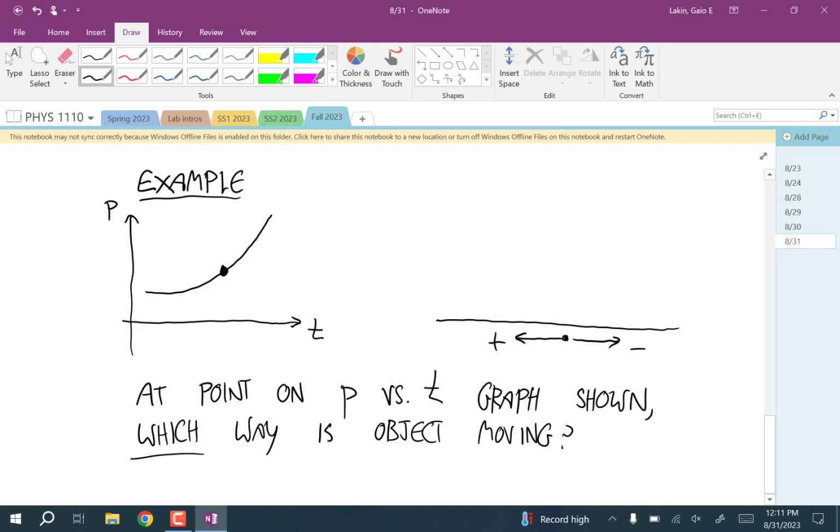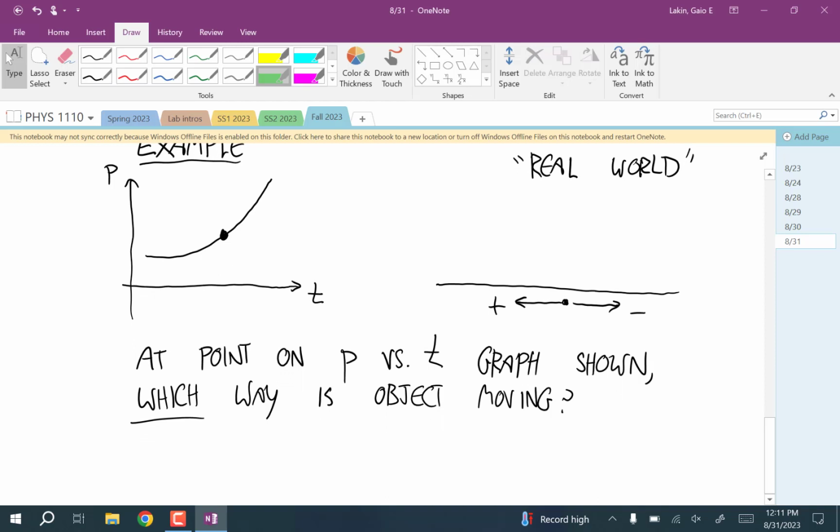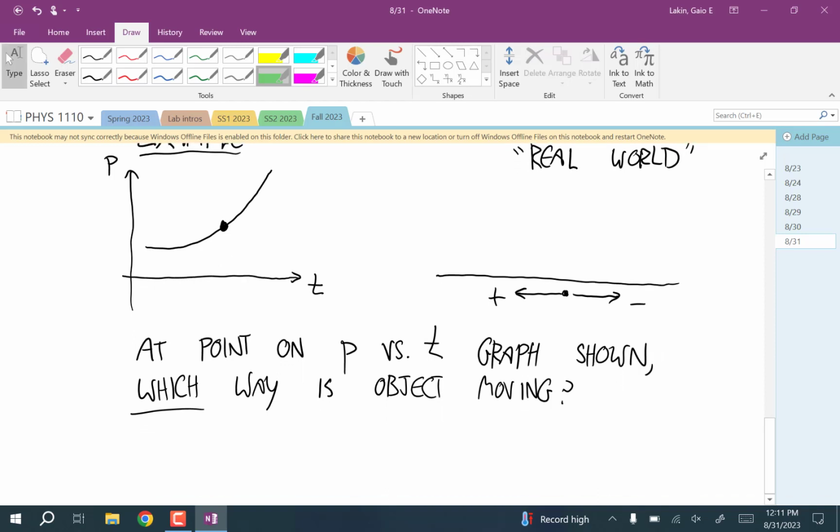You're going to start by figuring out the sign of the slope of the tangent line, and then you're going to use that to figure out, is the object moving to the left or the right in the physical world, you know, in the real world. This is the real world. This ain't no mathematical world, the real world. So I'll give you just a couple seconds to think about that.